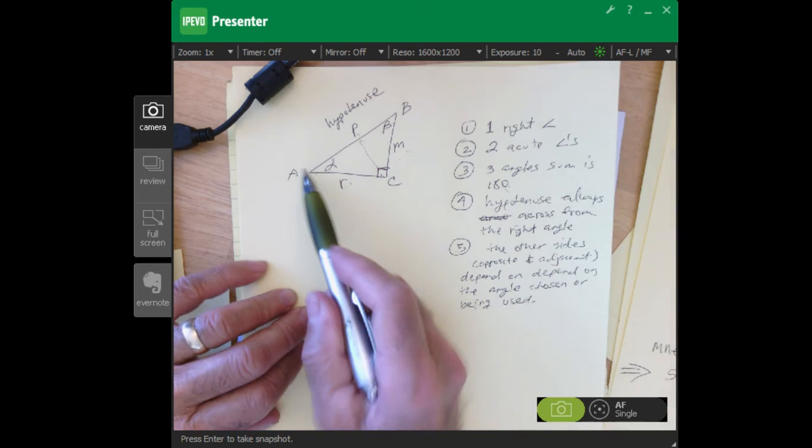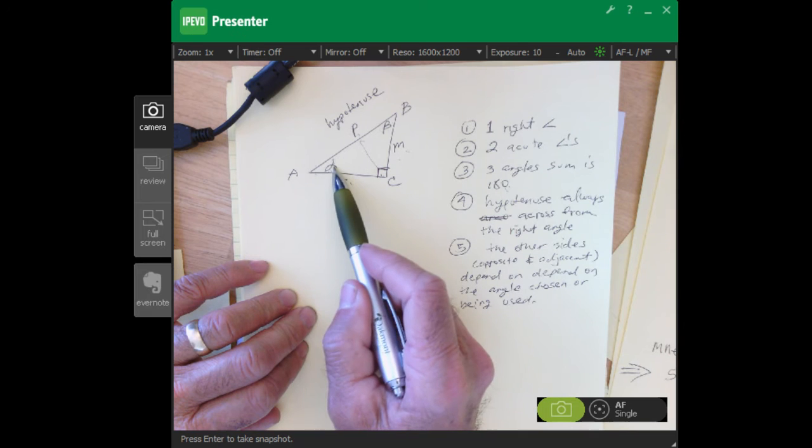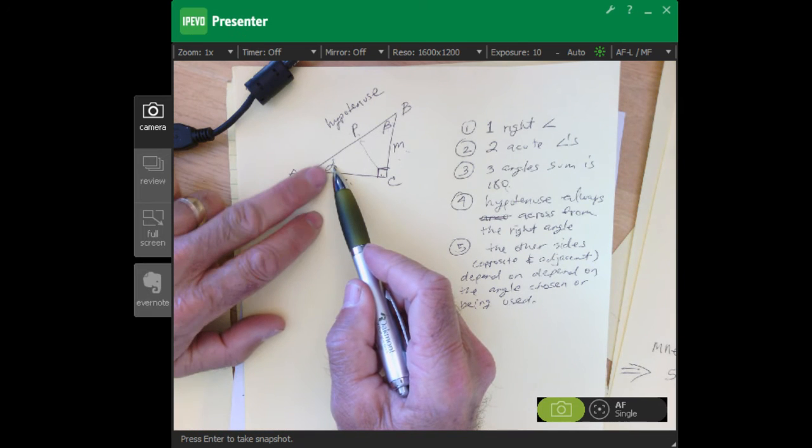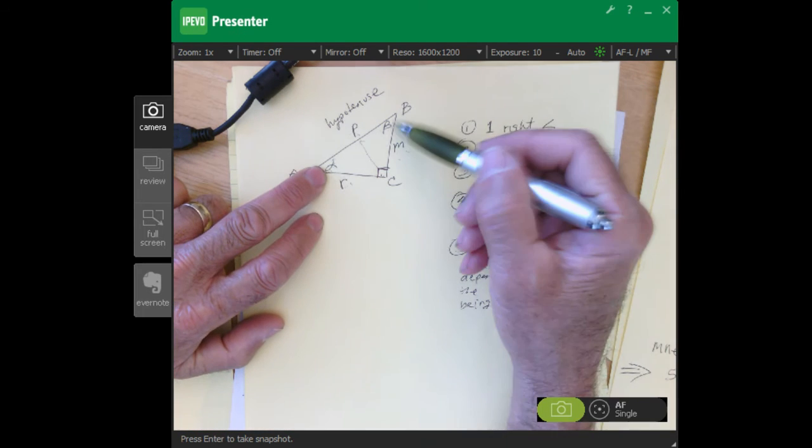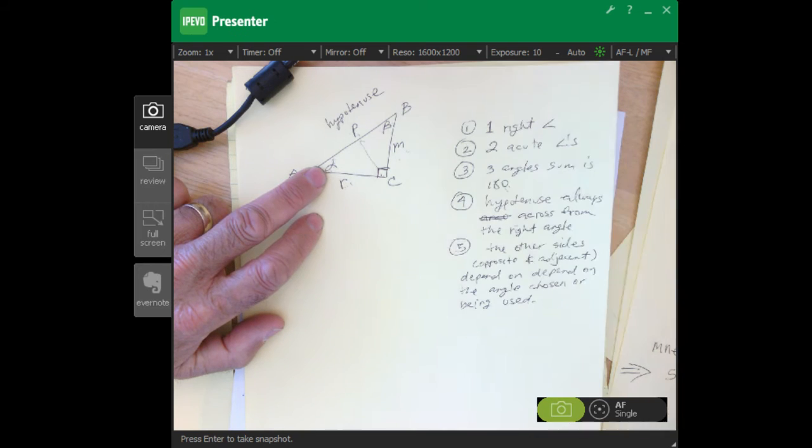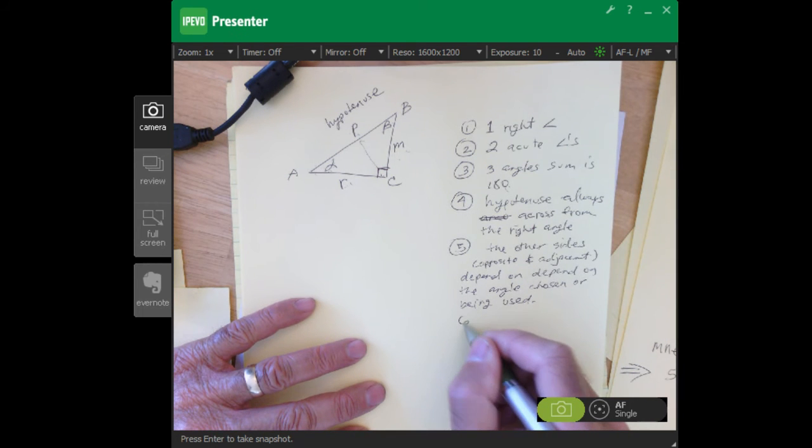So in other words, if we look at angle A, say alpha, the side that's opposite of alpha is different than the side that's opposite of beta. That's just something you need to make sure you keep in mind.